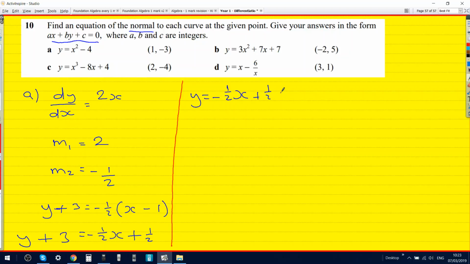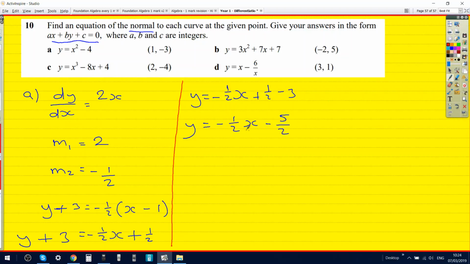Okay. And what would you do after that? Half x minus 5 over 2. So they wanted it equal to 0. And they wanted there to be integers, so no fractions. Put the y value in. What would make it not fractions? Times everything by the denominator.